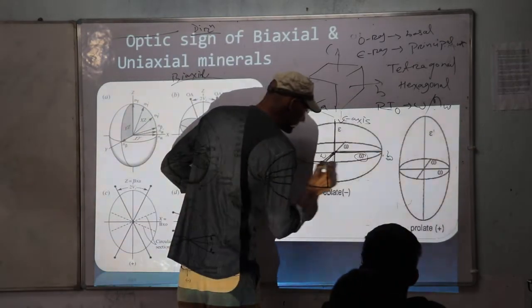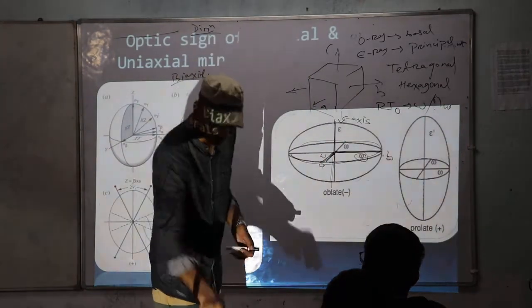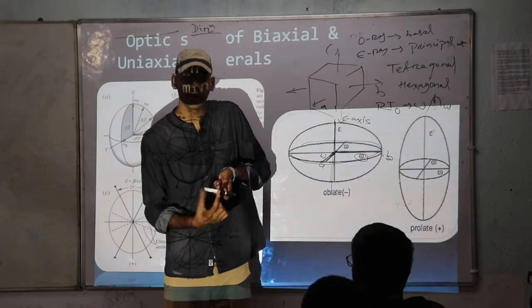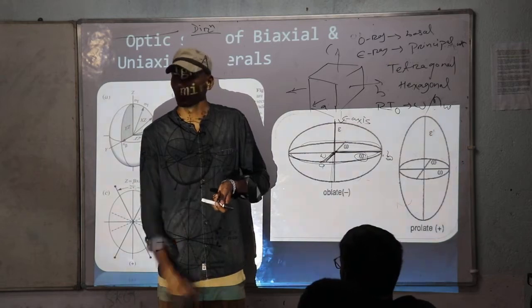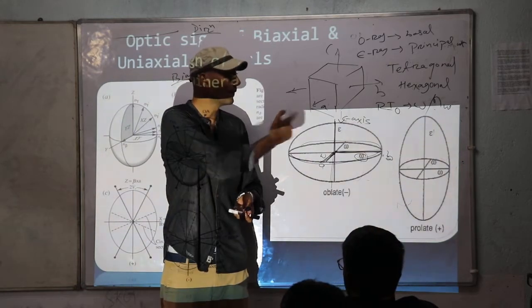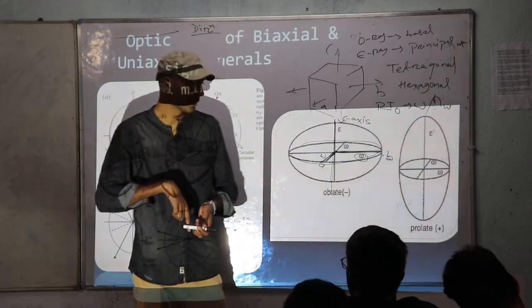So what will be this section? If I am connecting these two, and both of them are having omega, both of them are having equal radius. What is radius? Radius is the refractive index. So this will give you a circular section.